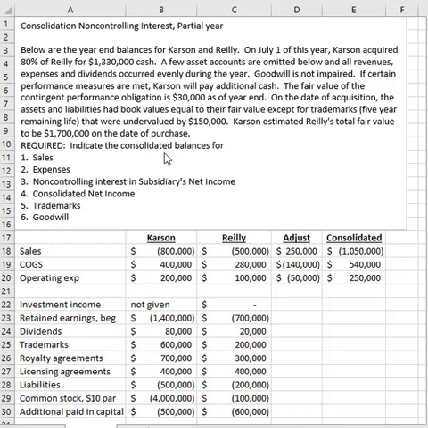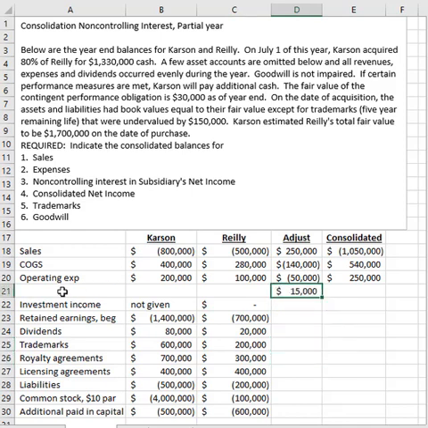It says here that on the date of acquisition, the assets and liabilities had book values equal to their fair value, except for one, which was trademarks, which were undervalued by $150,000. So this trademark here, this $200,000 would be bumped up by $150,000 over a 5-year life. So that would be $150,000 divided by 5 years times 0.5, half a year, so $15,000.